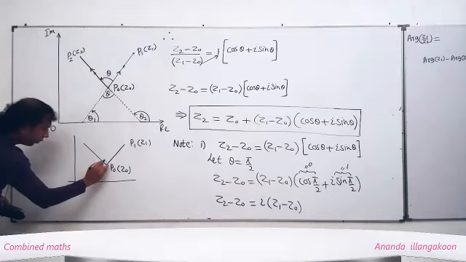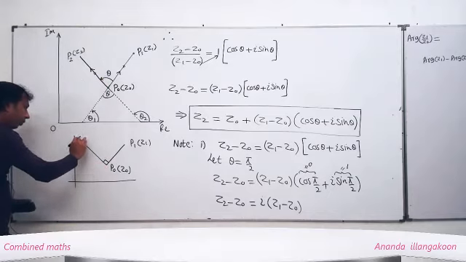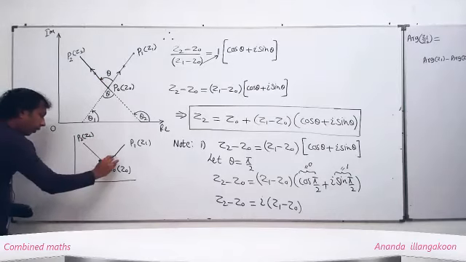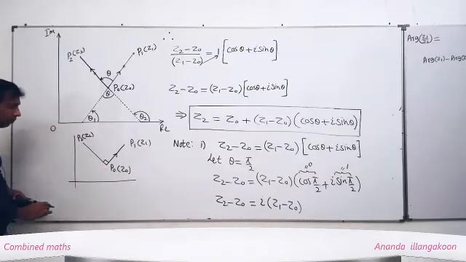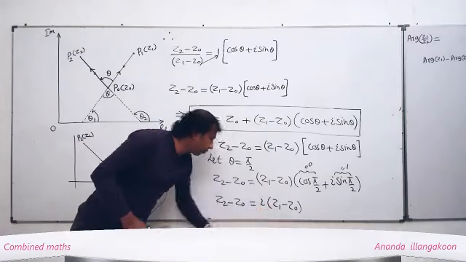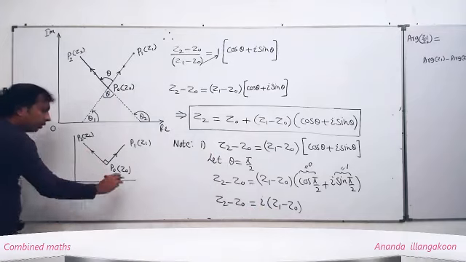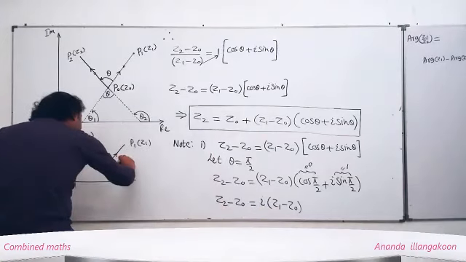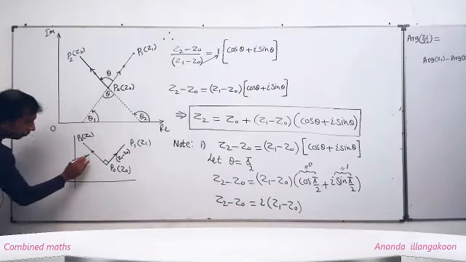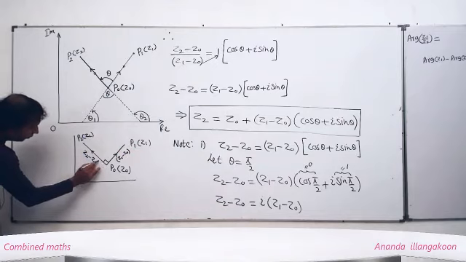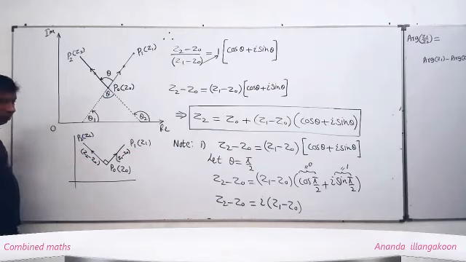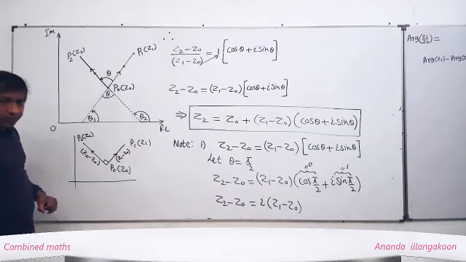This is 90. Here we have Z2, P2. Then the P0 P1 line segment represents the complex number Z1 minus Z0. Right. Then P0 P2 represents the complex number Z2 minus Z0, this line segment.